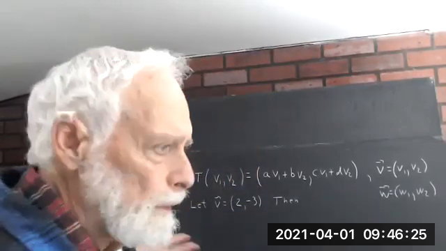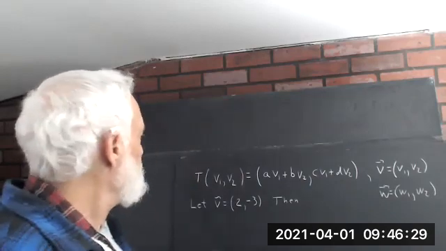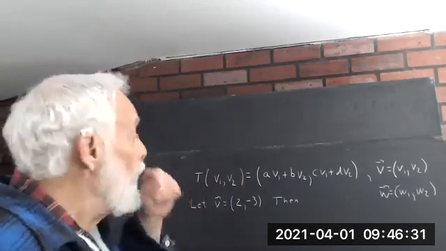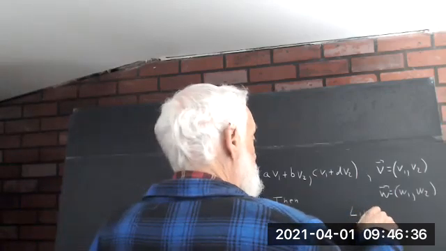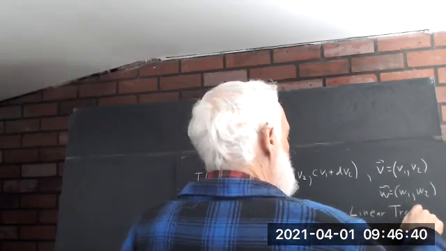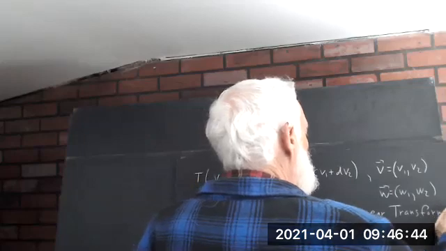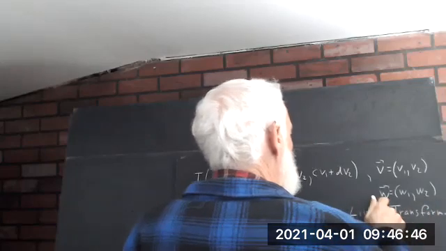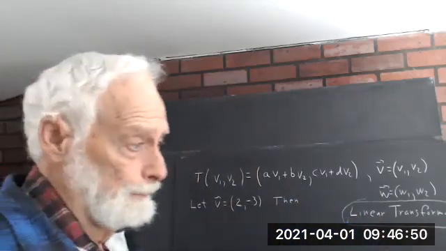Okay, let's talk about linear transformations. I didn't write the word down here, but it's worth writing down. Well, I didn't get to finish the word, but here it is: linear transformations.